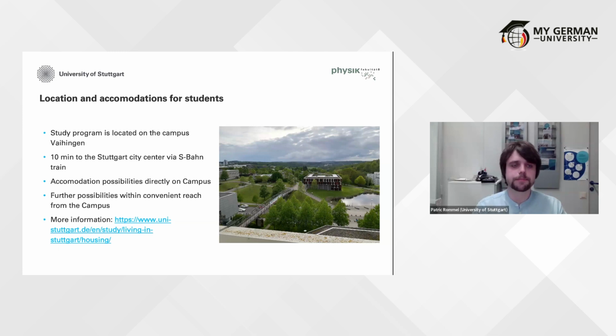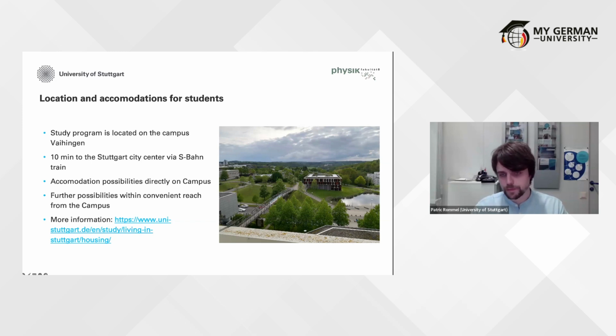The study program takes place on the campus Vaihingen of the University of Stuttgart. So it's a bit outside of the main city center, but it's still relatively close. You can reach the Stuttgart city center via the S-Bahn trains in 10 minutes. We have, for students, accommodation possibilities directly on the campus.